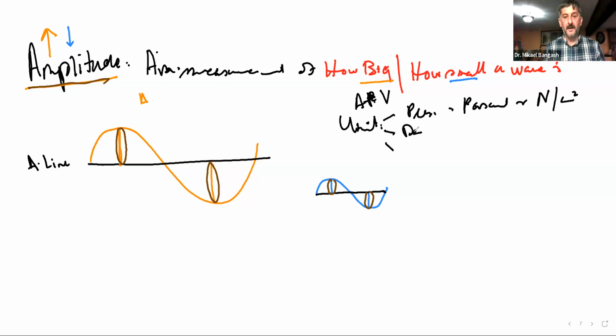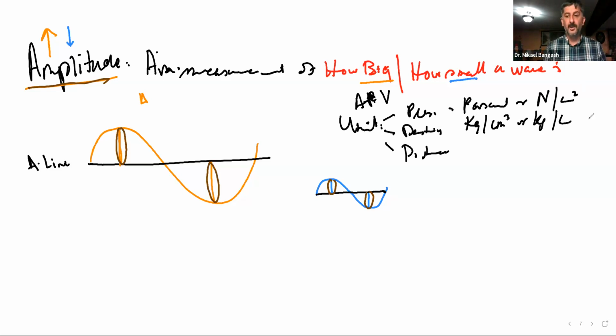It could have been expressed in the unit of density, which is kilograms per centimeter square or kilograms per liter. Or it could be expressed as distance.